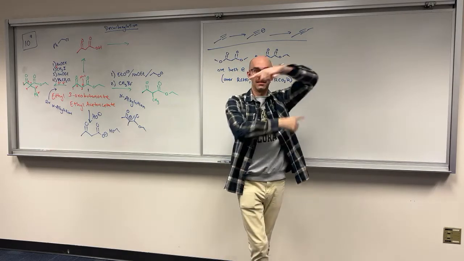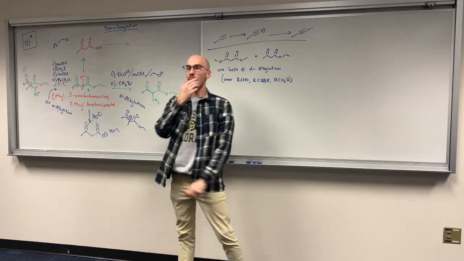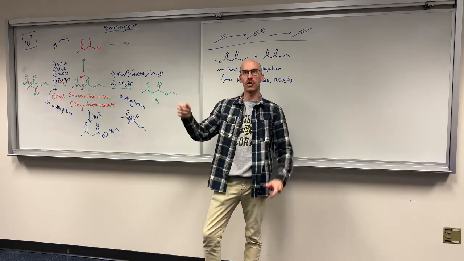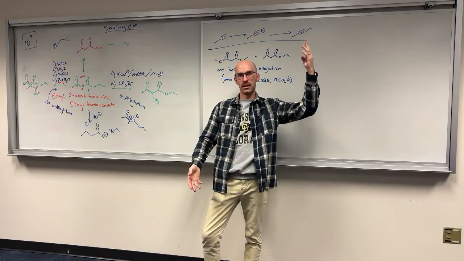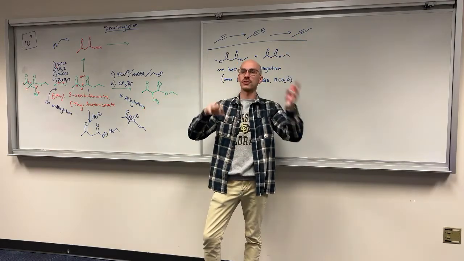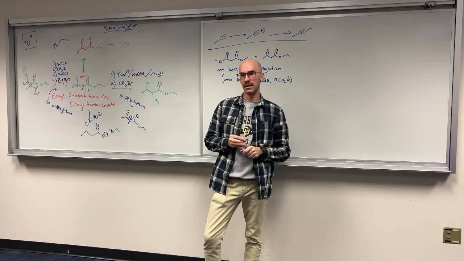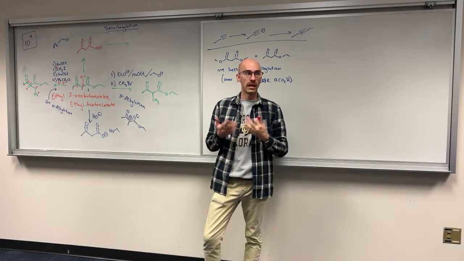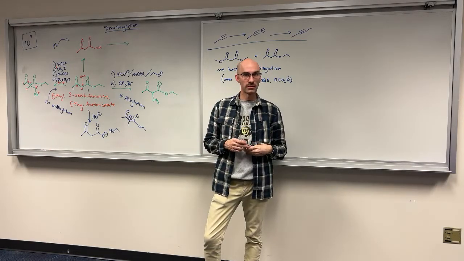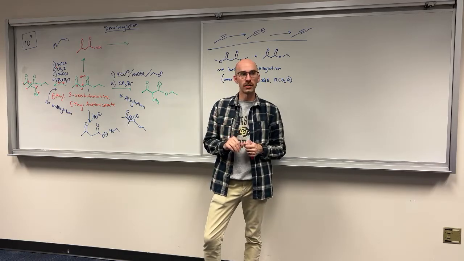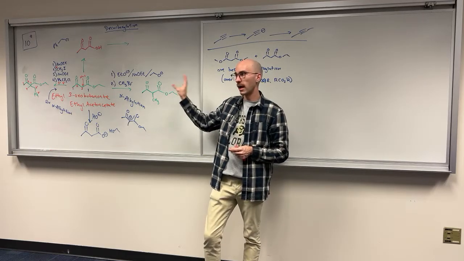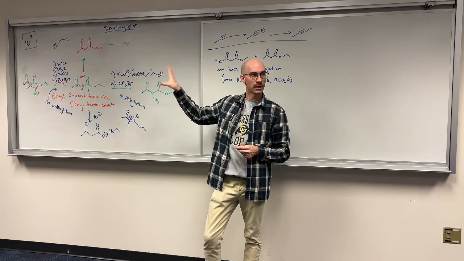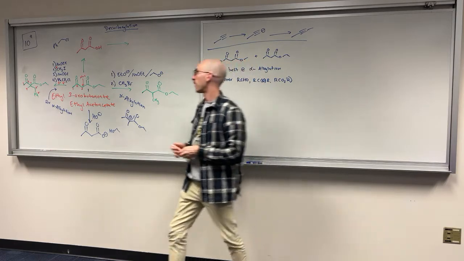OH and H3O+. Good. Oh, not OH and H3O+, those wouldn't exist together. First hydroxide, yep, and then H3O+. And also H2O and H3O+. So we have two routes. We could saponify: hydroxide reacts with the ester, and then acidify.